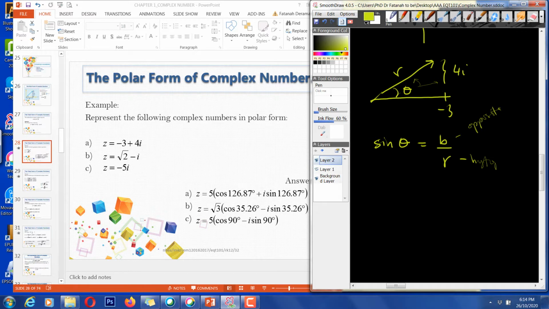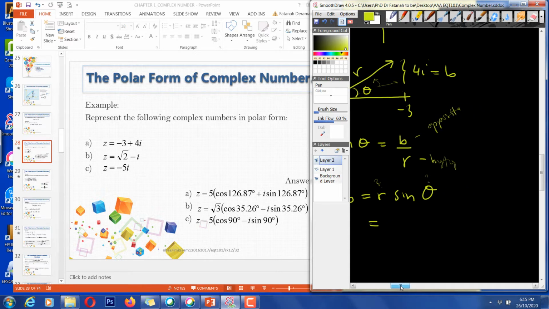So what should we do? We have B, so B equals R sin theta. But we cannot find it like this, because we have two unknowns: we have B, but we do not have R or theta.